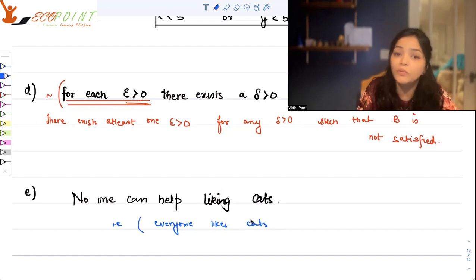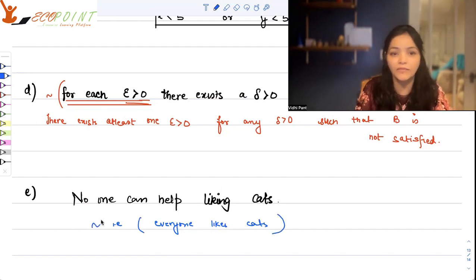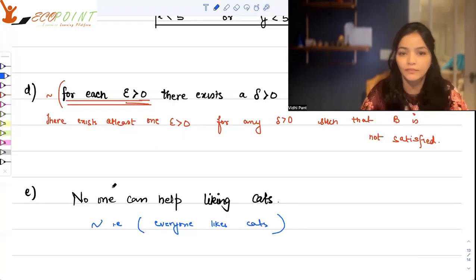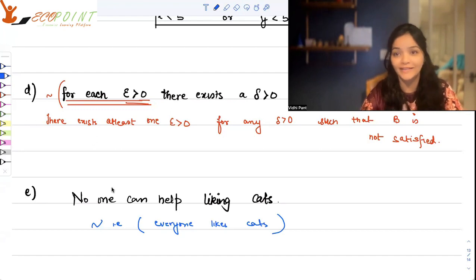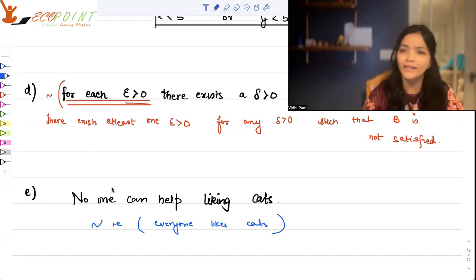So if you have to oppose it, if you have to negate it, what would be the negation of everyone likes cats? There is some person who does not like cats, and that would be an opposition of this, right?